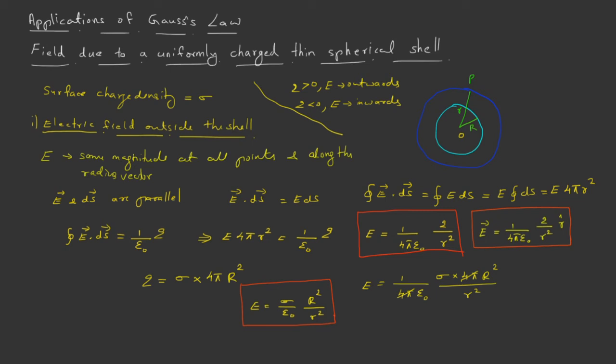Now we are going to study the second case, that is, the electric field inside the shell. For that, consider a spherical shell of radius R and uniform charge density sigma.